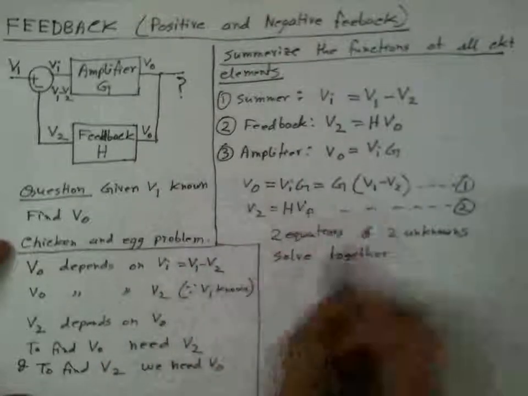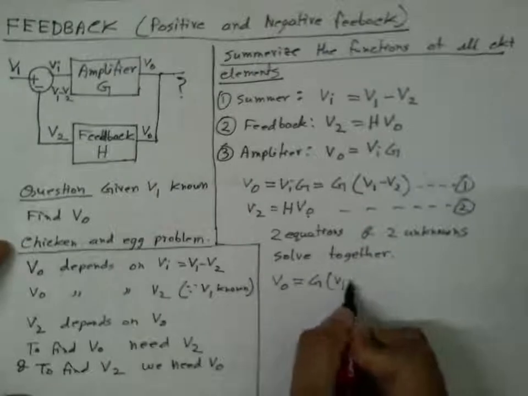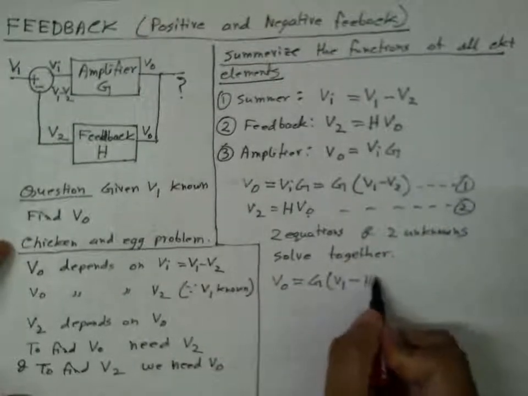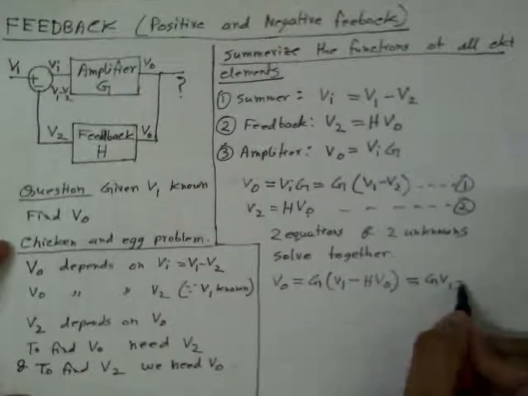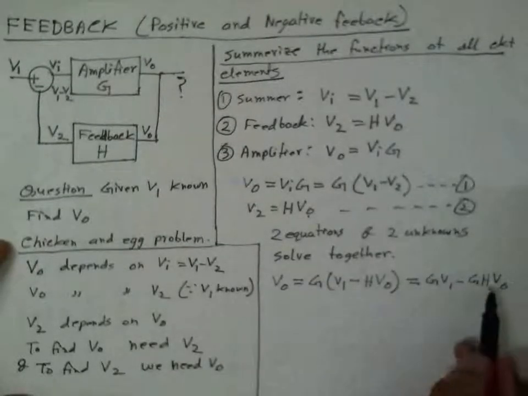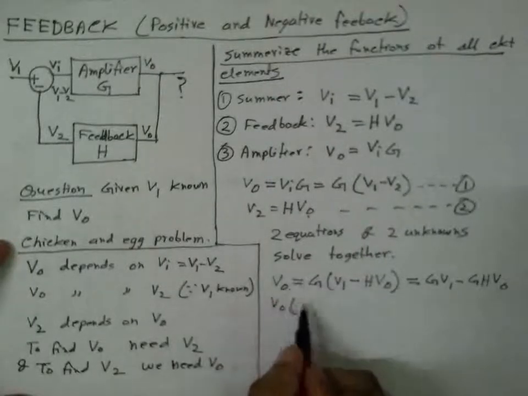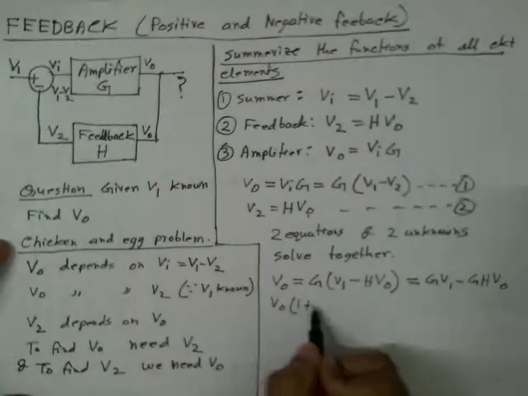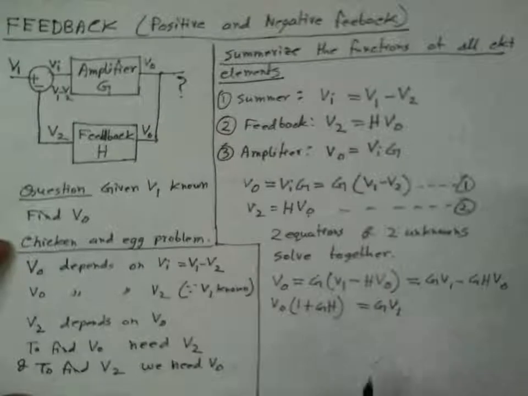In this first equation, which is G times V1 minus V2, instead of V2 let me substitute this value H VO. Then this will become G V1 minus G H VO. Let me take the VO together, so I have VO times 1 plus GH on the left side, and the right side will be G V1.